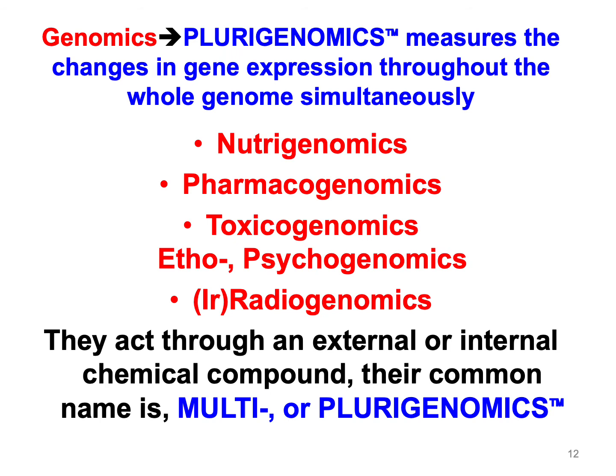Or last but not least, the radiogenomics or irradiogenomics, when owing to irradiation, new chemicals are produced in the organism, which is the signal for the changes in the gene functioning. These factors are acting through an external or internal chemical compound. Therefore, we can give the common name multi- or plurigenomics.